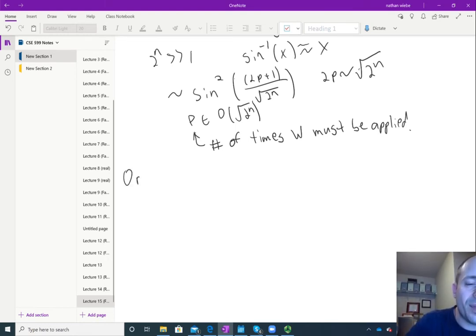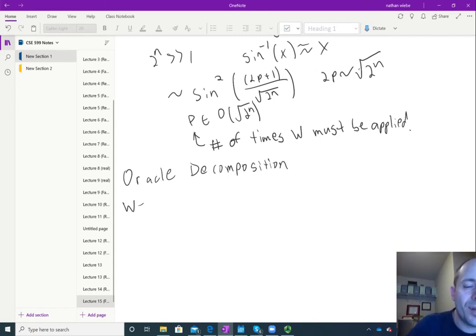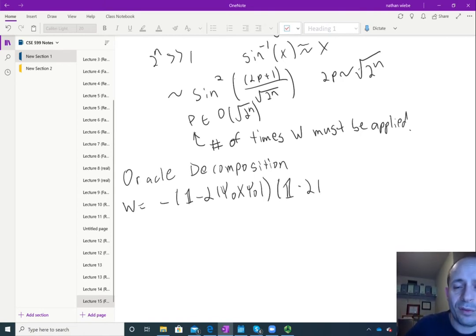So the next step is the oracle decomposition. If you recall, w is of course equal to minus identity minus twice the projection onto the initial state, multiplied by identity minus twice the projection onto the marked state, m.